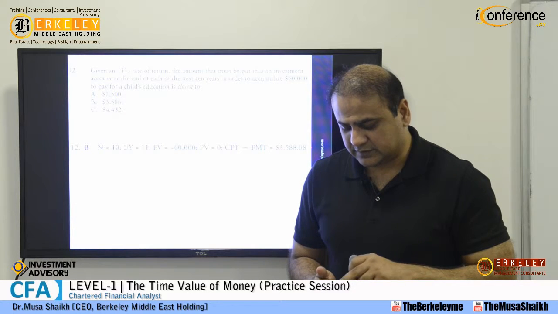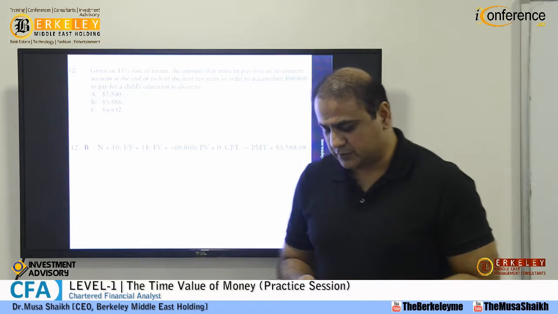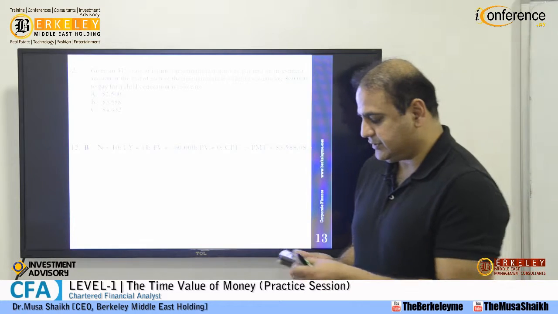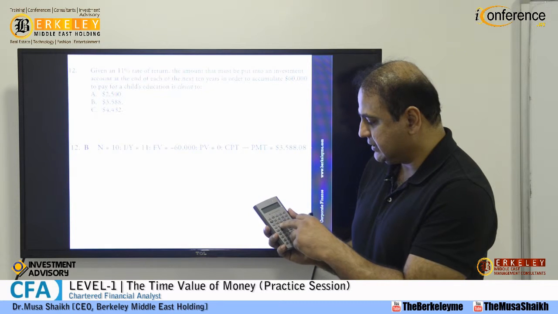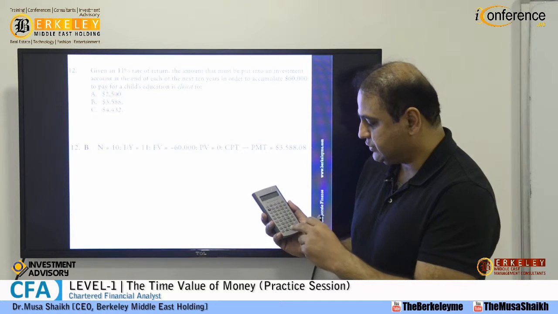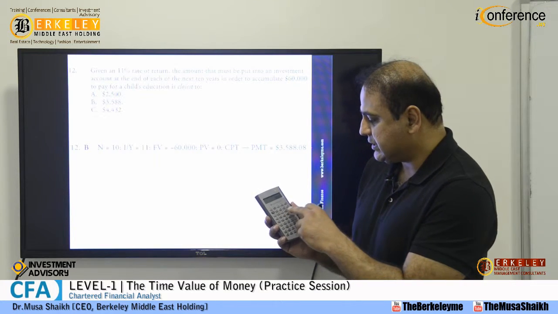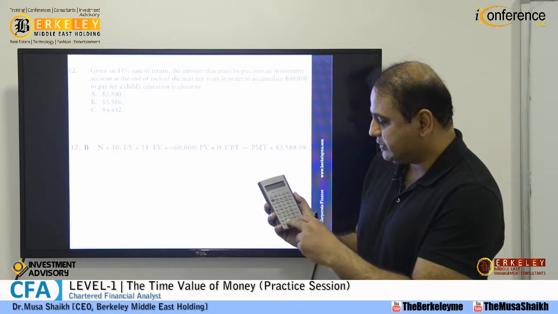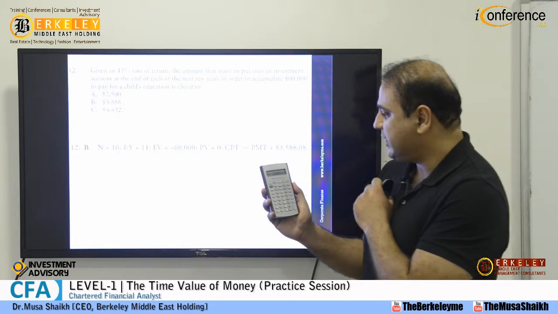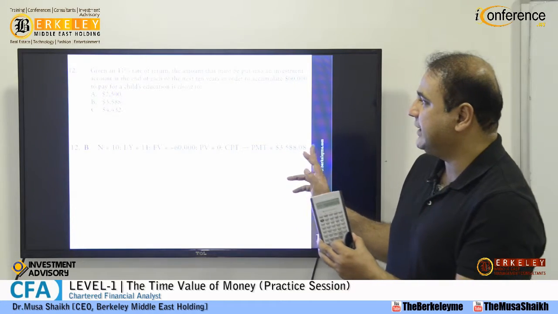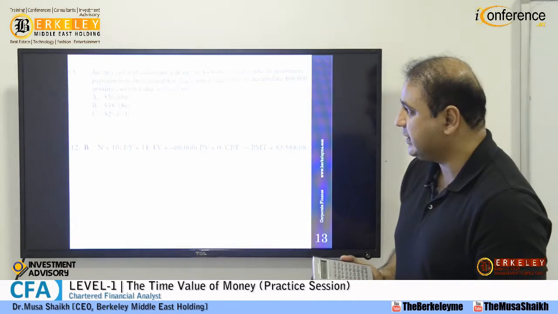So I will shift the calculator back to end mode, that is the normal mode, and I will put in the information this way. I will press 10, then N, then 11 is IY, and my future value is 60,000 that I want to receive. Then I will put 0 for my present value, and I will compute my PMT, that will come to 3588.08. That is the right answer shown in the B option. So this is how it is going to be handled.